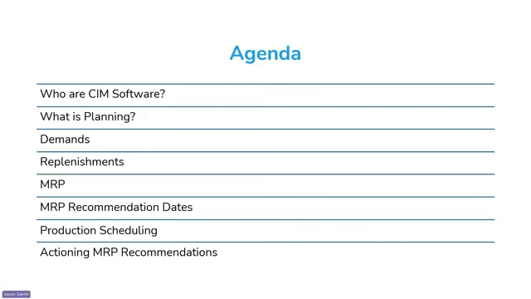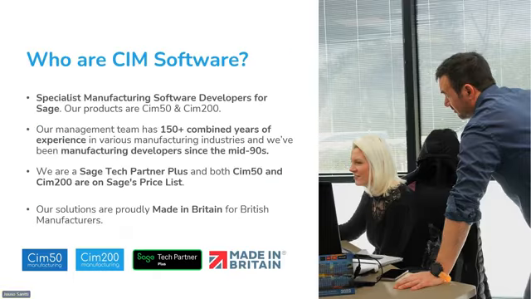But if I move on, first of all, who are we? We are CIM Software, and we are the authors of CIM50 and CIM200 manufacturing solutions. CIM50 integrates with Sage 50, CIM200 with Sage 200, and today we are looking into the CIM200 product in particular.